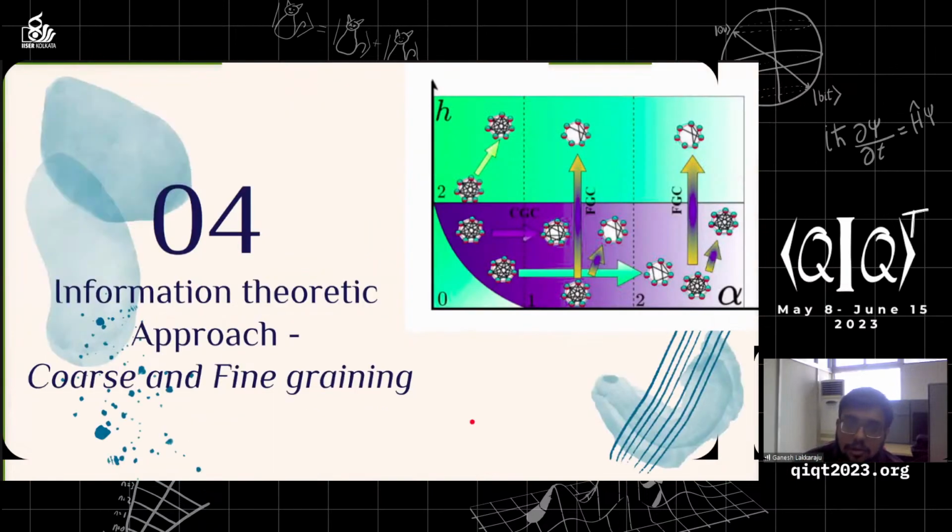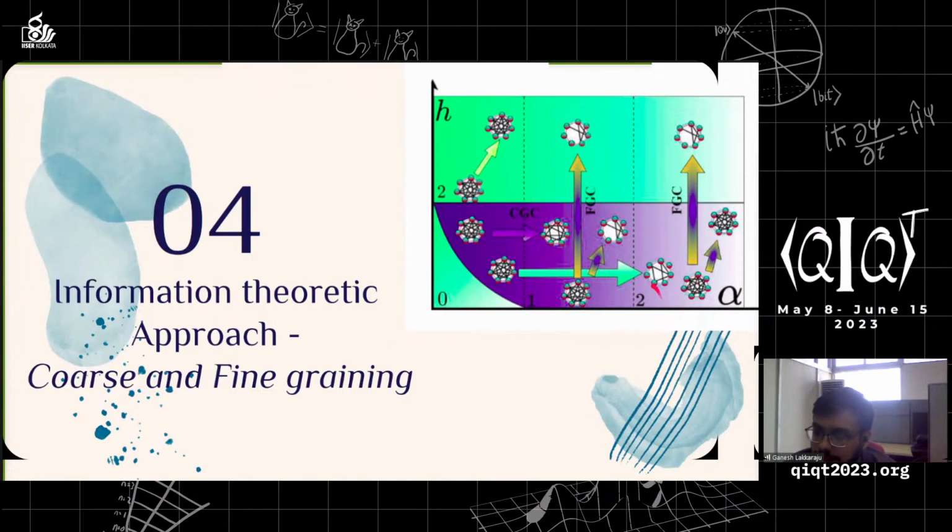What we can use is an information theoretic approach. That is, we deploy mutual information to see the behavior in the H and alpha plane: if you quench directly from this non-local phase to the quasi-local and local phases, you can observe that mutual information behaves in a certain way.